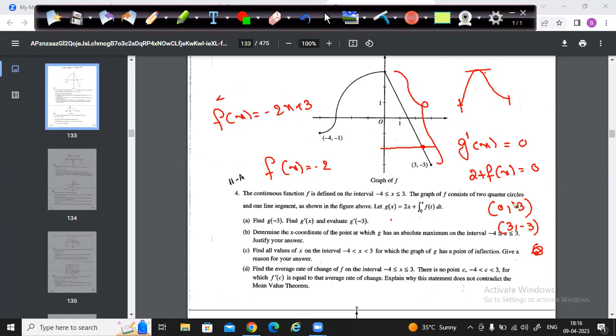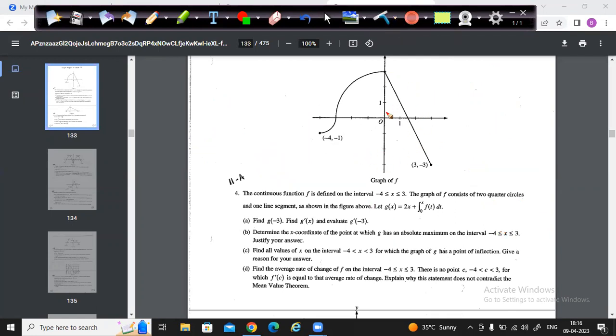So minus 2x plus 3 plus 2 should be equal to 0, meaning minus 2x plus 5 is equal to 0. So minus 2x is minus 5, and x is 5 by 2.